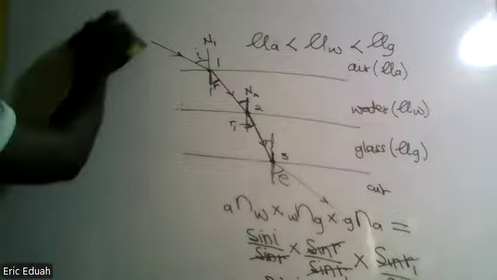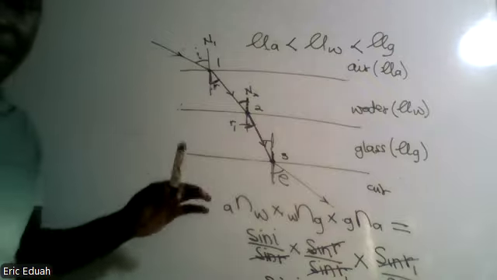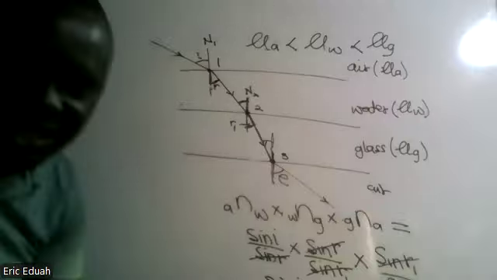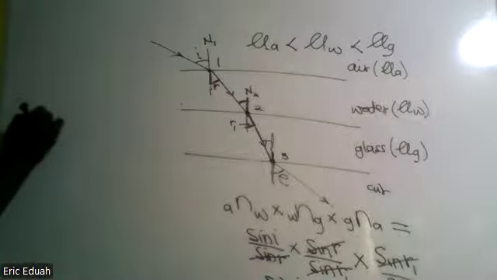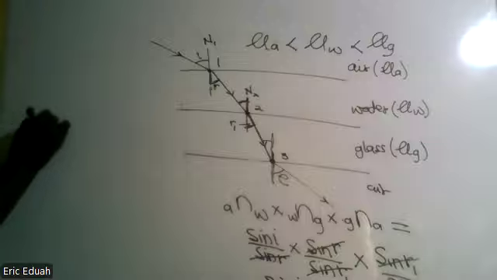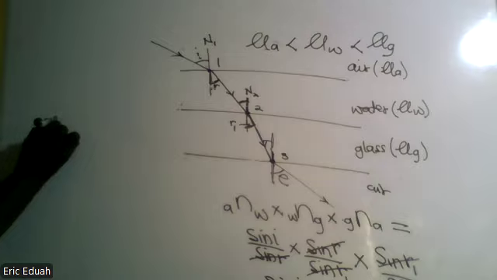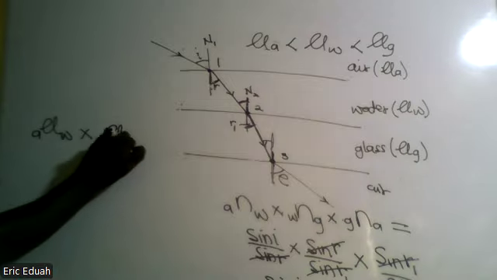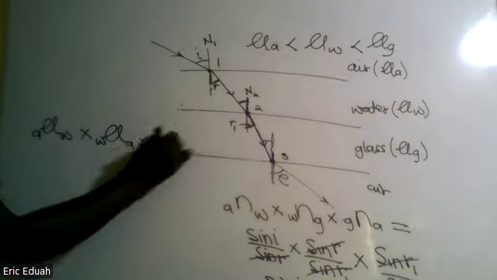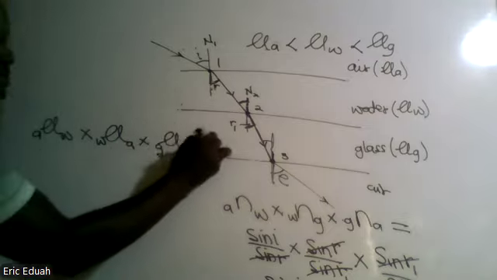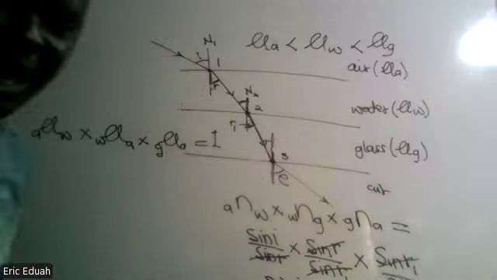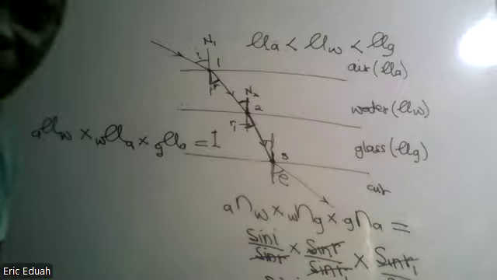So for composite media joined in order of increasing or decreasing refractive indices, the product of mu from air to water times mu from water to glass times mu from glass to air must be equal to 1. If there are 4 or 5 media, it follows the same order, on and on.